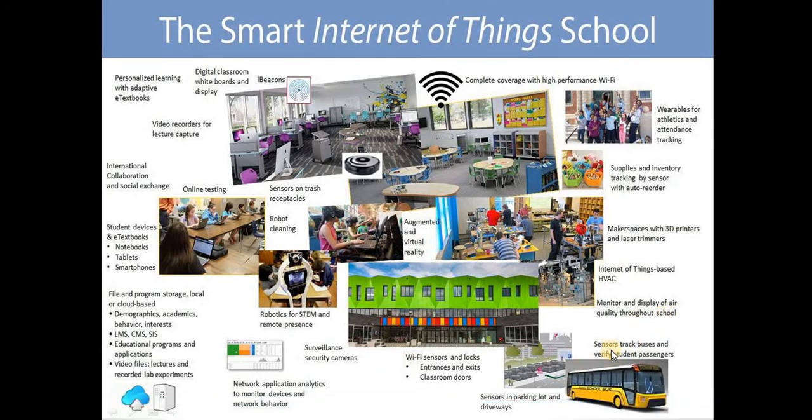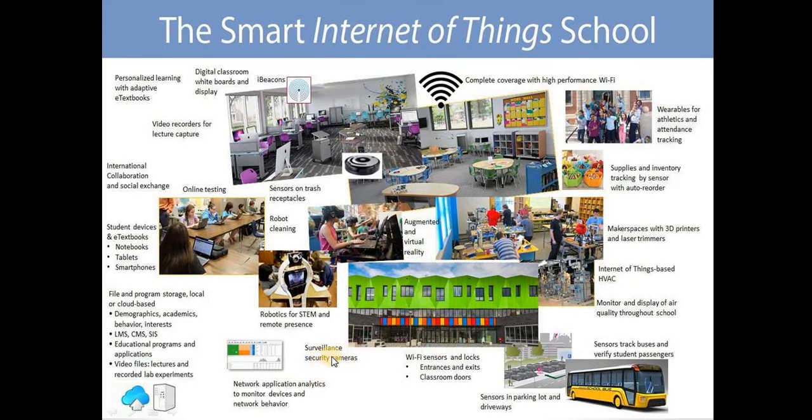Next is sensors track buses and verify student passengers. Sensors in parking lot and driveways. Wi-Fi sensors and locks for entrances and exits and for classroom doors in the school.